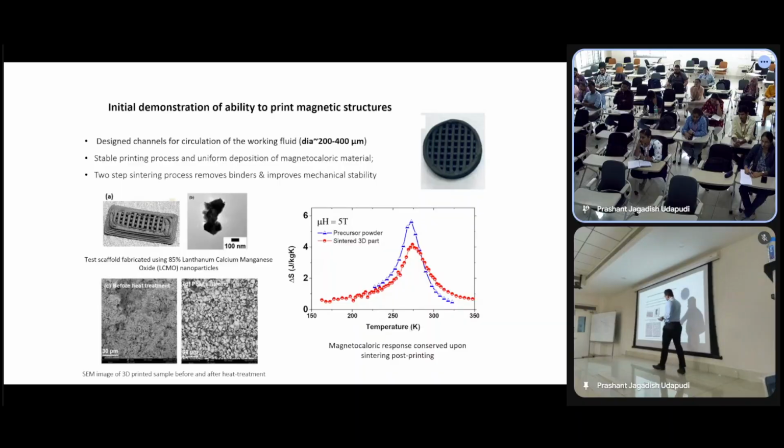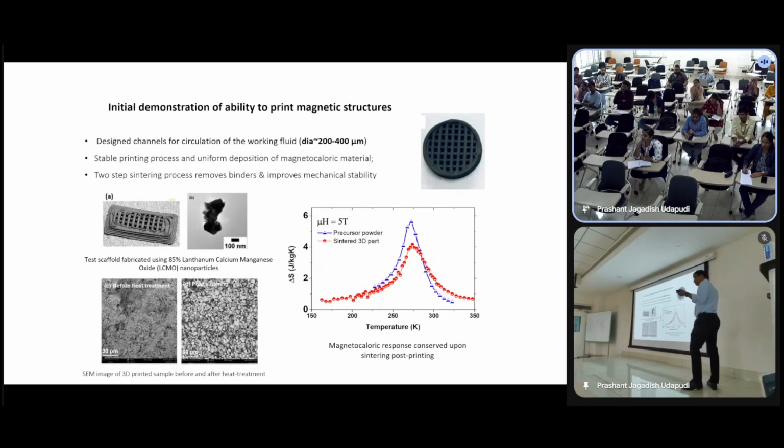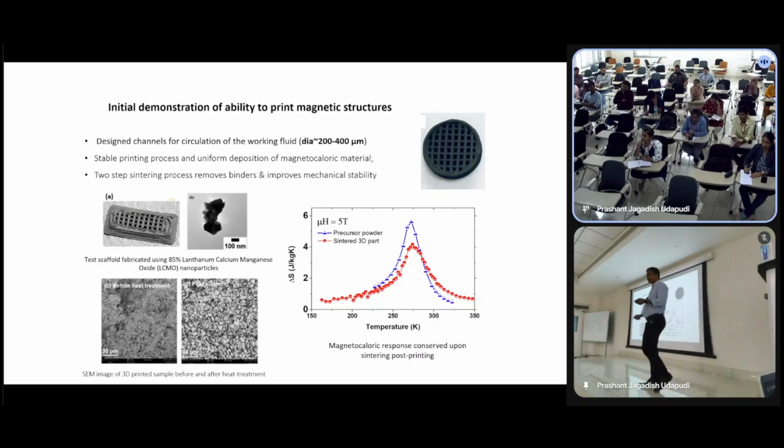This is one of the disadvantages of the direct ink writing technique. But direct ink writing is much simpler. You don't use any laser or wire arc or powder bed. You make a slurry of the material and use a nozzle, high pressure, and just control where you print, right?